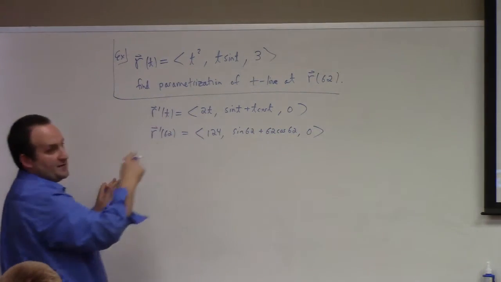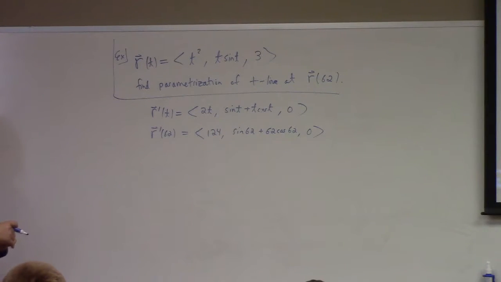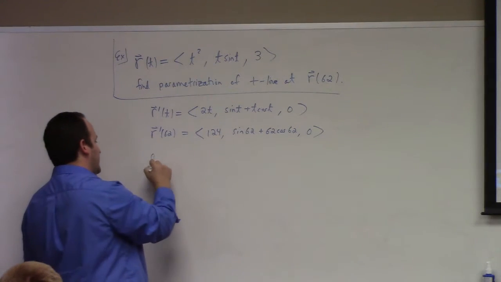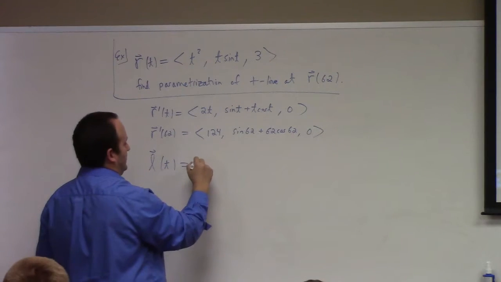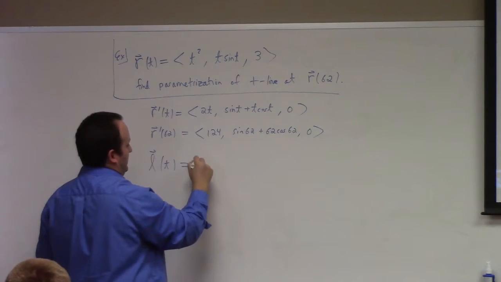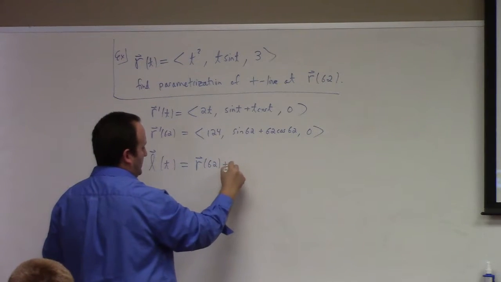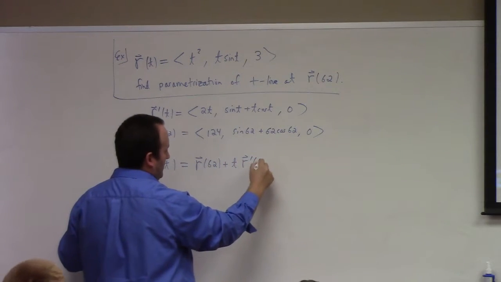That's my direction vector for the tangent line. And then the parameterization of the tangent line I could do like this: r of 62 plus t times r prime of 62.